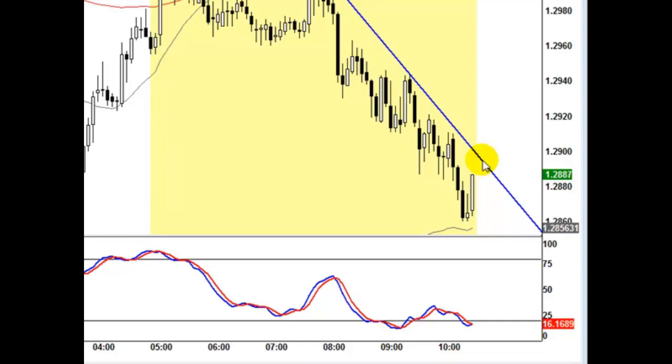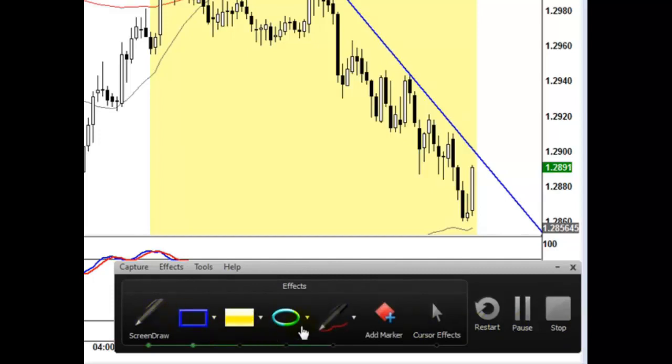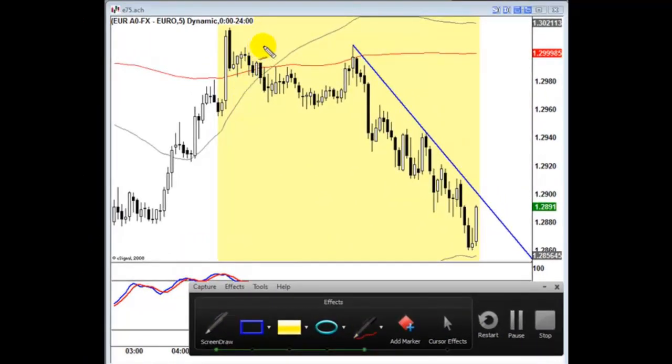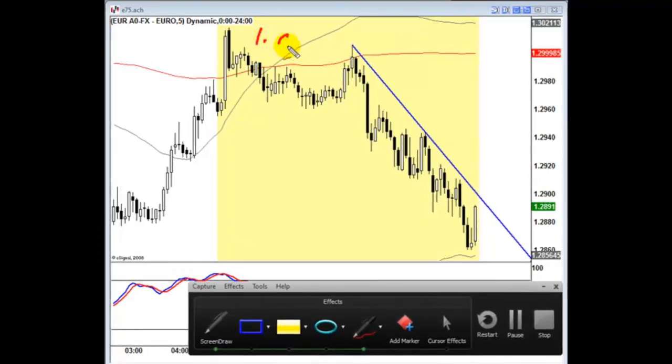The target we'll talk about in a minute, but I'm just going to keep this trade on the screen while we're talking. The first entry criterion is that obviously we have all the conditions in place. So 1, we need all the conditions in place. 2, we need to be able to set a reasonable stop loss. 3, we need to be able to set a reasonable target.